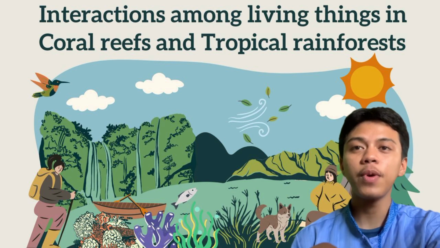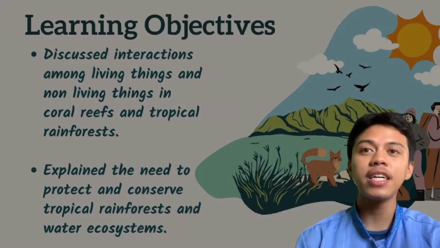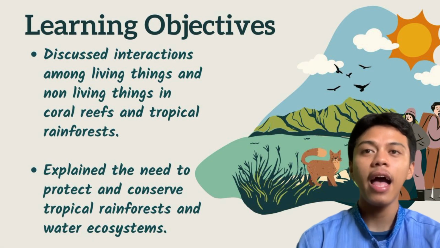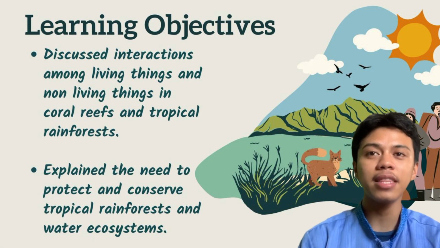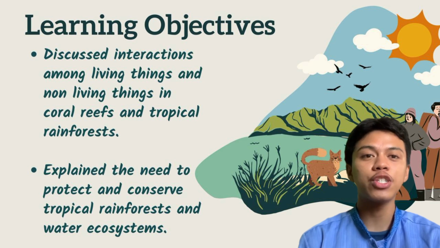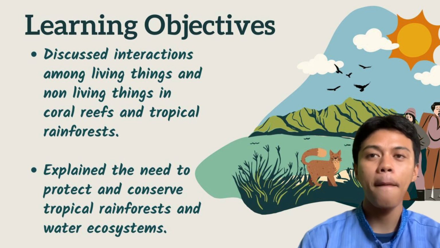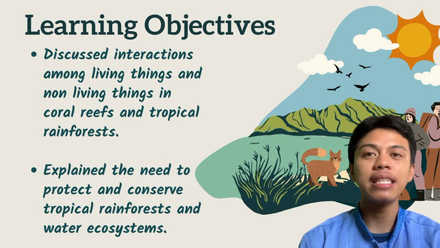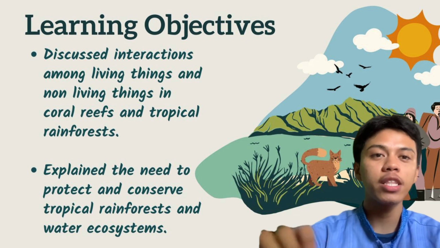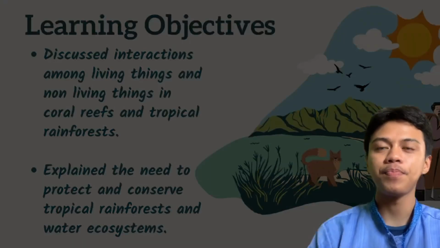First, we have our objectives. First, discuss interactions among living things and non-living things in coral reefs and tropical rainforests. Next, explain the need to protect and conserve tropical rainforest and water ecosystem.